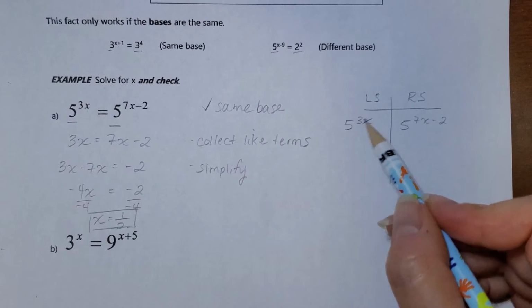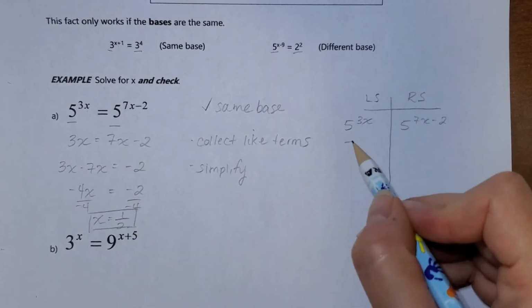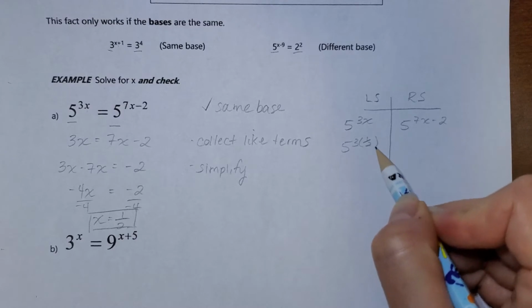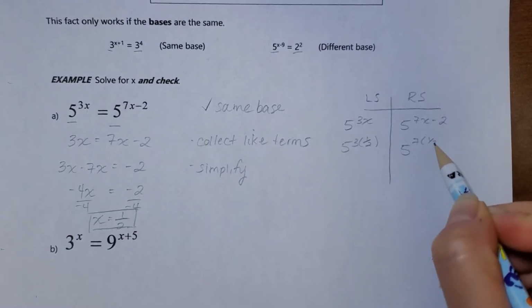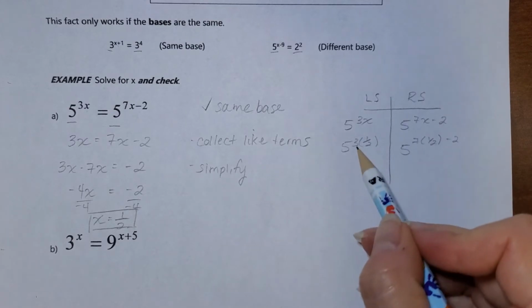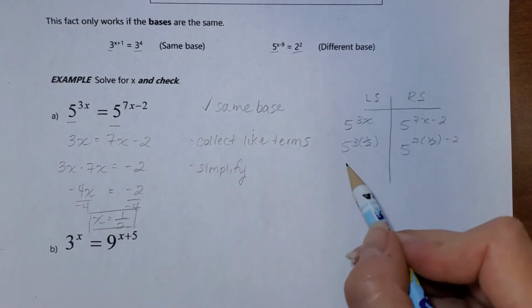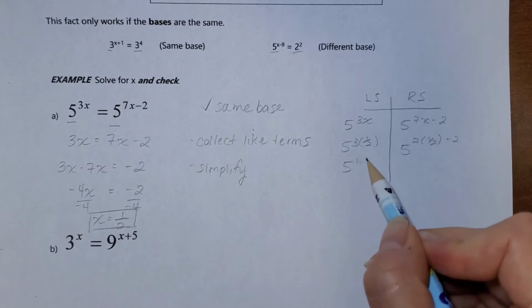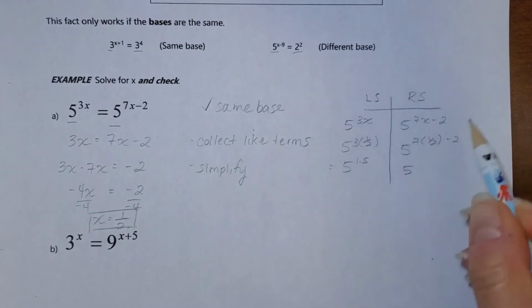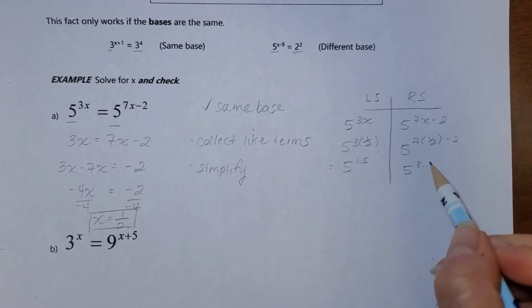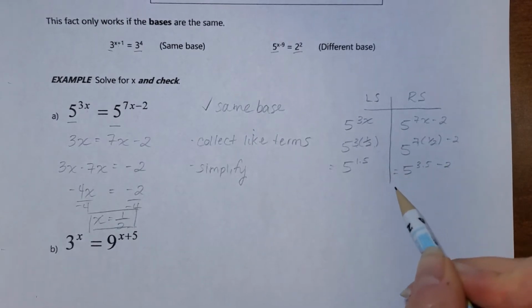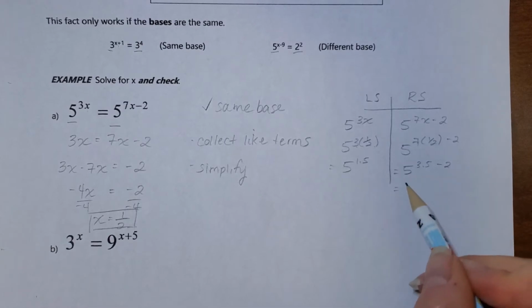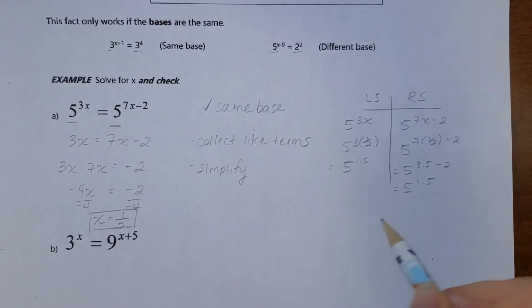We substitute our answer, x equals 1/2, into each. 3 times 1/2 is 1.5. 7 times 1/2 is 3.5, minus 2. 3.5 subtract 2 is 1.5. Therefore, left side equals right side. Our answer is correct for x to equal 1/2.